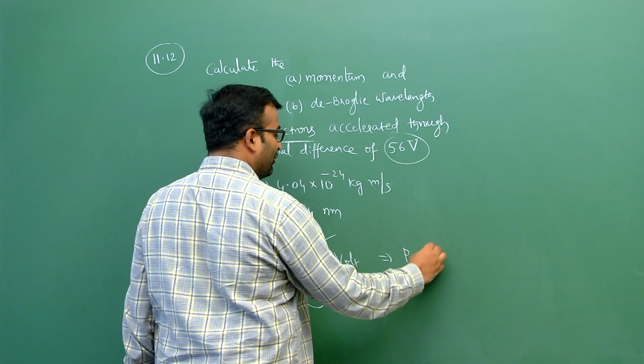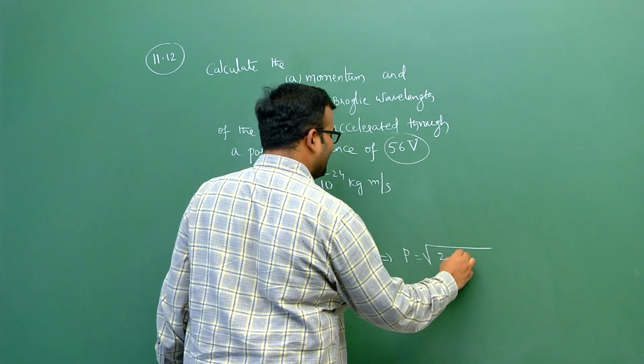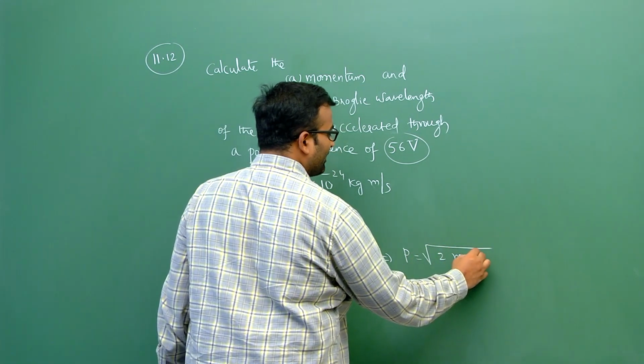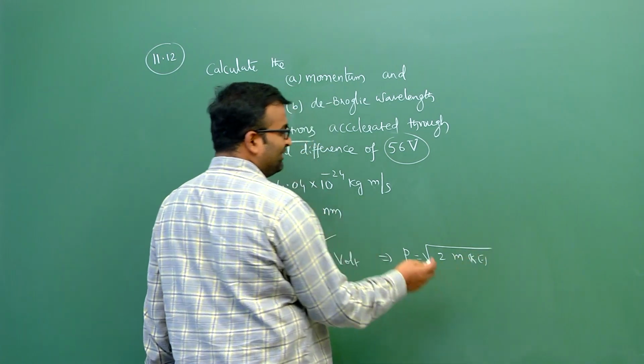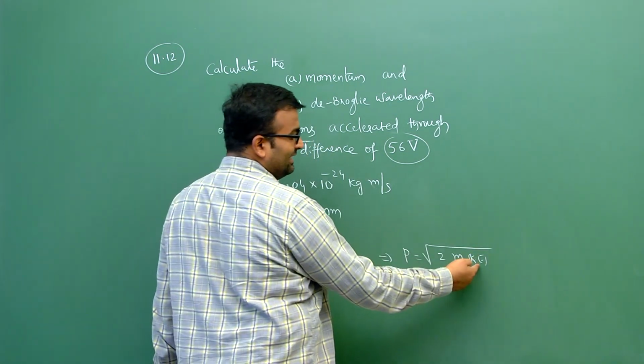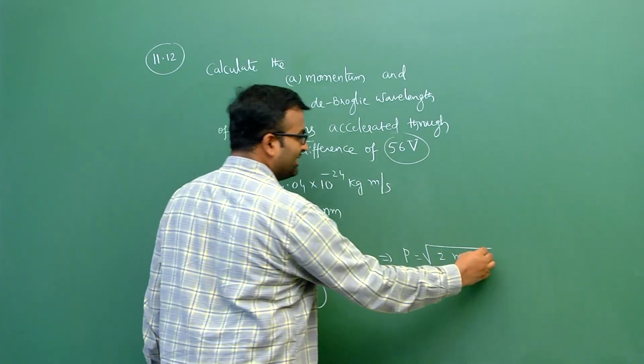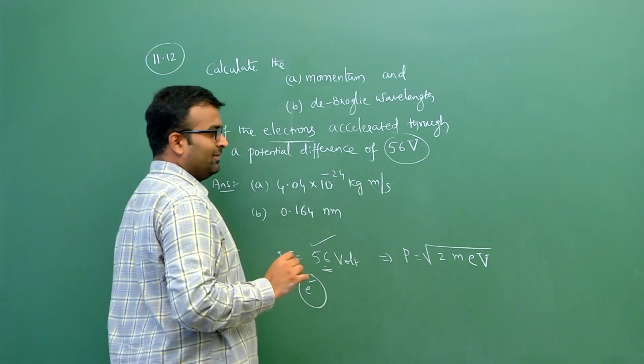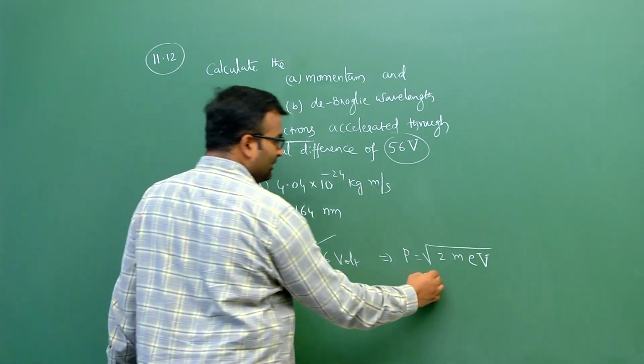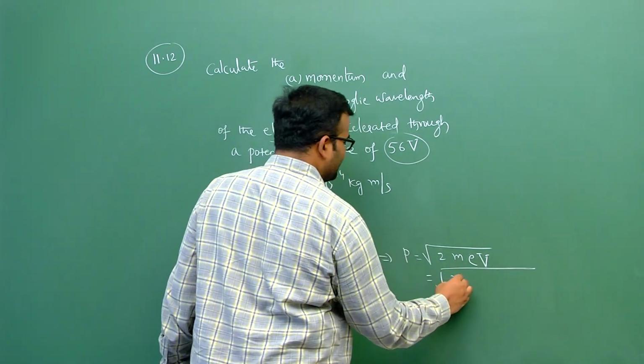Momentum is given by the formula square root of 2mKE. Of course, if it is a charged particle, its kinetic energy can be replaced by qV. As it is an electron, it is better to write eV. This is the formula. So replacement of the values gives the answer, that's it.